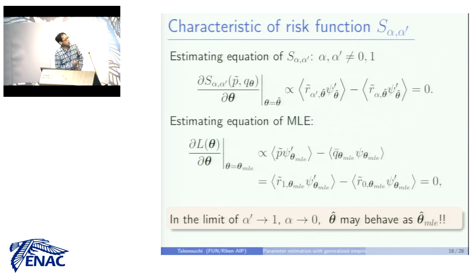On the other hand, the estimating equation of the maximum likelihood estimator is written like this, or like this. So by comparing these two equations, in the limit of alpha dash to 1 and alpha to 0, this estimator may behave as a maximum likelihood estimator.